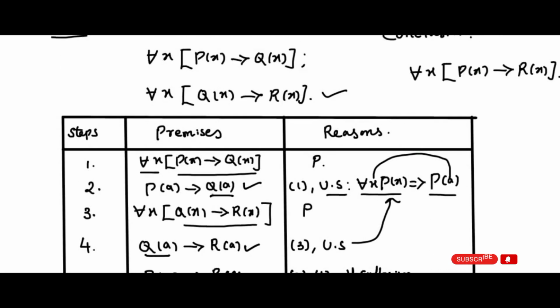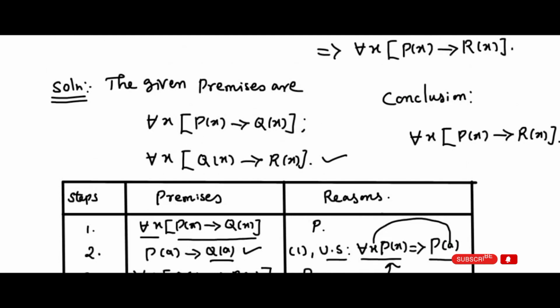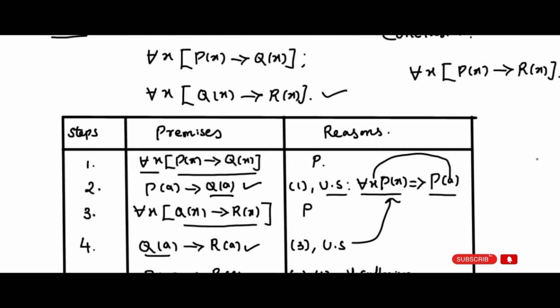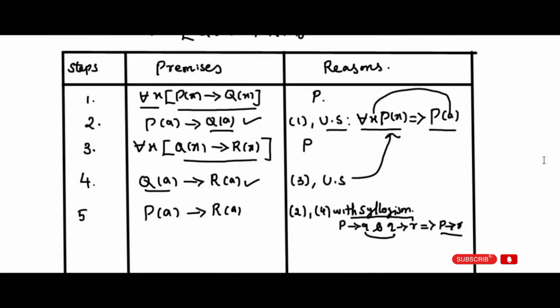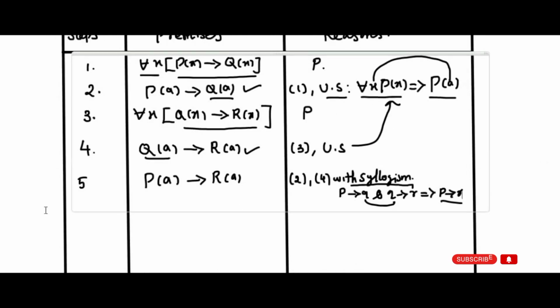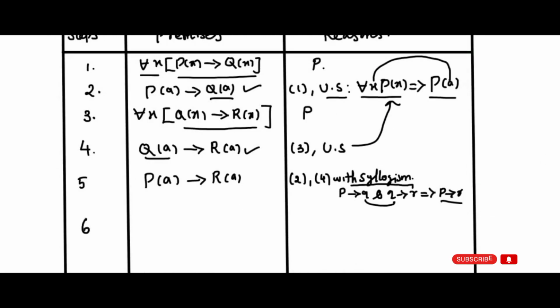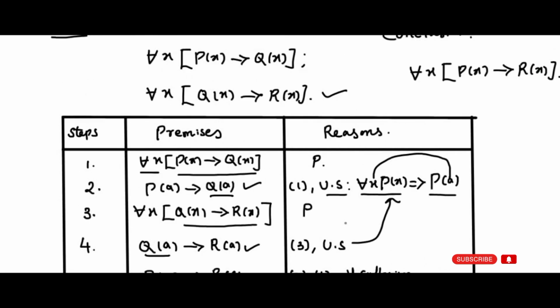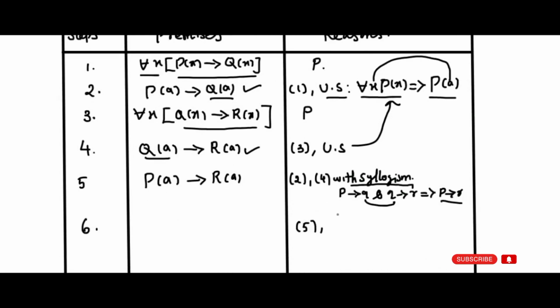What is our target? We need to prove the conclusion statement: for all x, p of x then r of x. At present we have only p of a then r of a. So using step number 5, I am going to write step number 6. What is the reason? Using step number 5 with the help of, since our conclusion statement has for all x, universal generalization law.